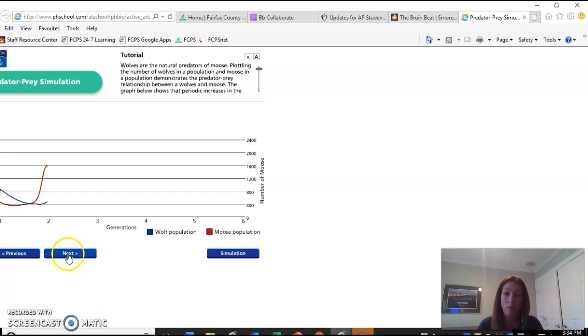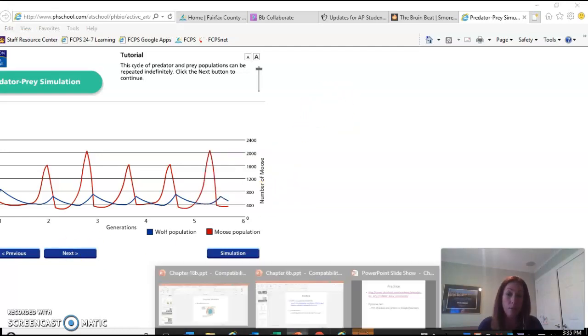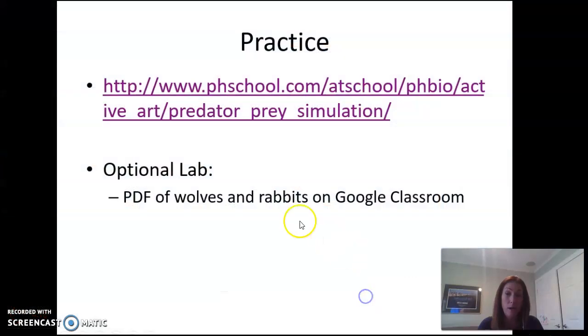So there has to be enough food for our predators. And once that prey peaks, it's followed by that predator peak. And once the predator starts to peak, then that drops my prey low. When my prey gets too low, then my predator gets low. So it's this back and forth kind of give and take of predator and prey populations. So this is one of the key classic community interactions that we have.